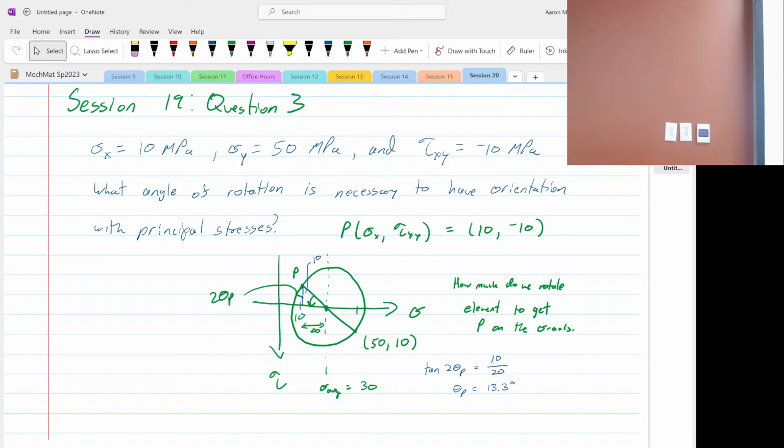Oh yeah, did I forget? Let me see if I am good enough to do it from my phone. I don't know if I can.